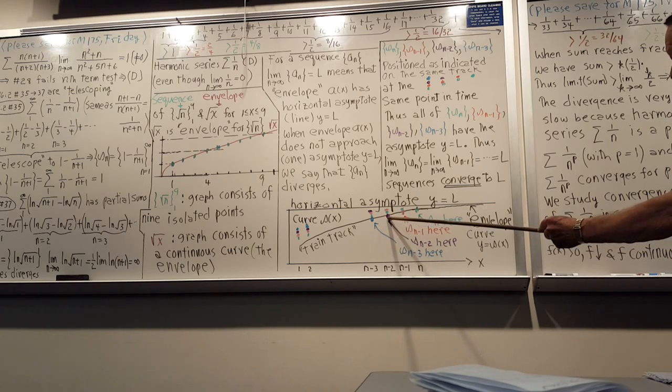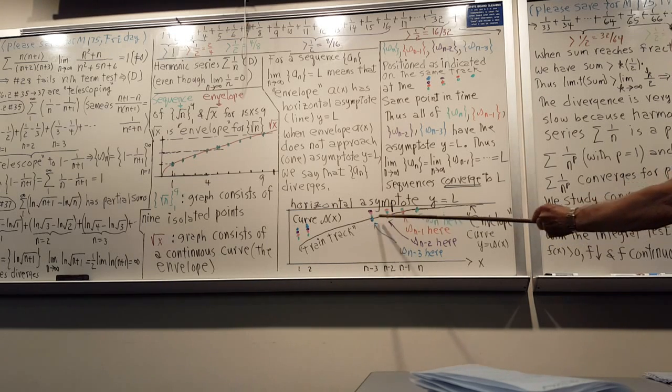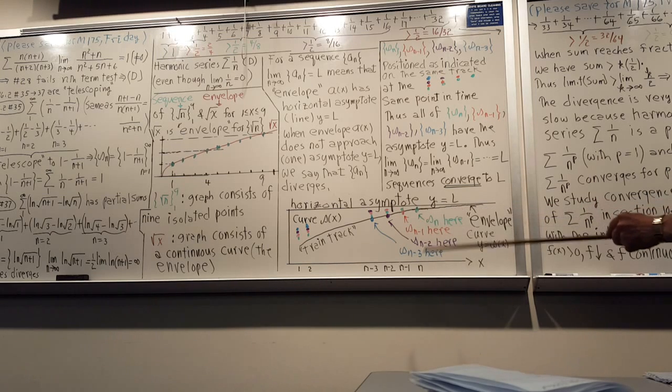And Sn minus 2 would be another car behind, and Sn minus 3 would be another car in the train behind. But they're all on the same track, and they're all going to the same place.